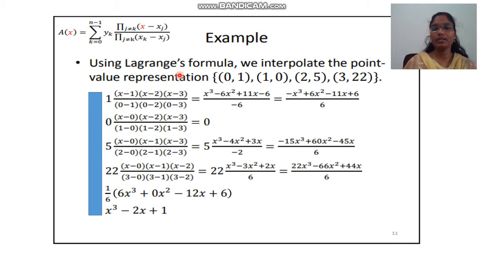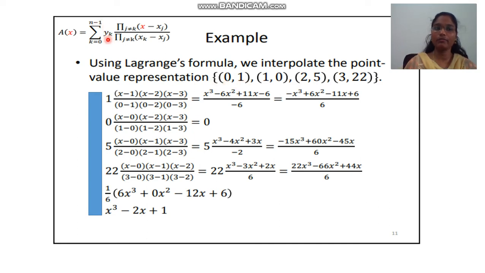For example, we will take the same example here. Now the point value representation is given here. This is the x value and this is the y value: x0, y0, x1, y1, x2, y2, x3, y3. These are the point value pairs given to find the polynomial using interpolation.